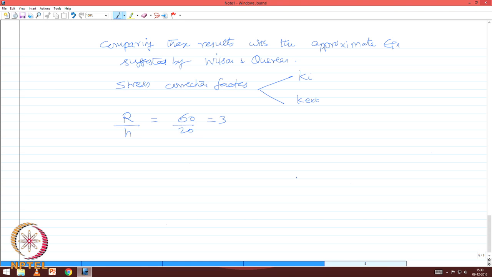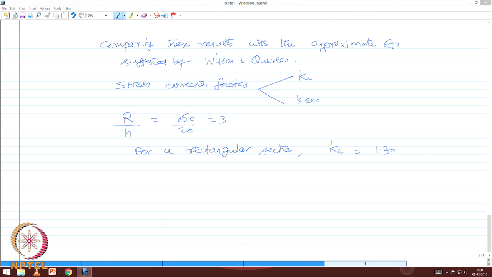If you look at the table back for a rectangular section, Ki, the stress correction factor for intrados is 1.3, which I gave you in the last lecture, and for outer it is 0.81.